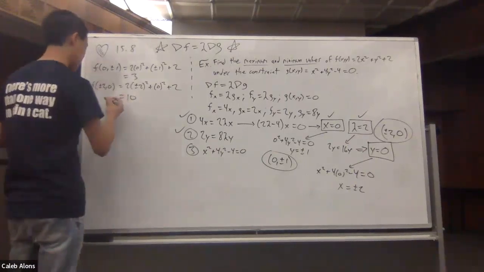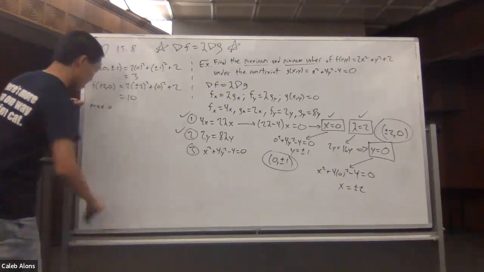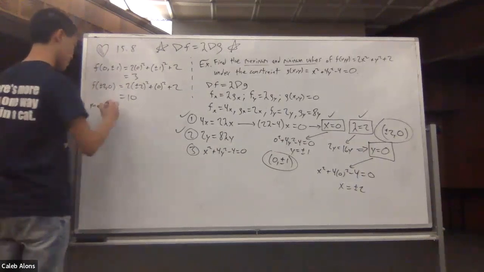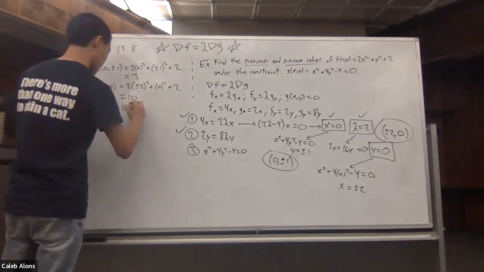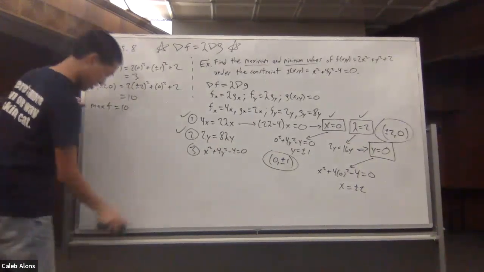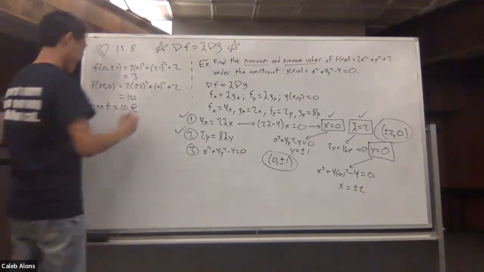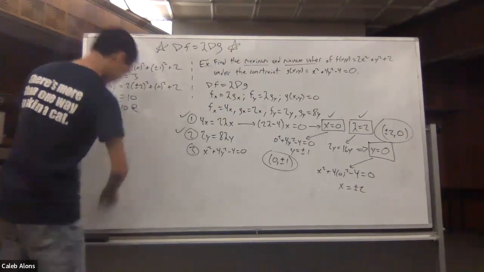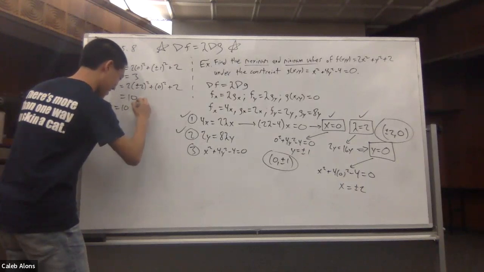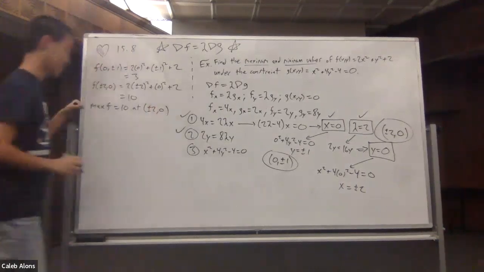So we would answer this like, we could say that the max value of f is equal to 10 at, why do I even try to handwrite anymore? At plus minus 2, 0.